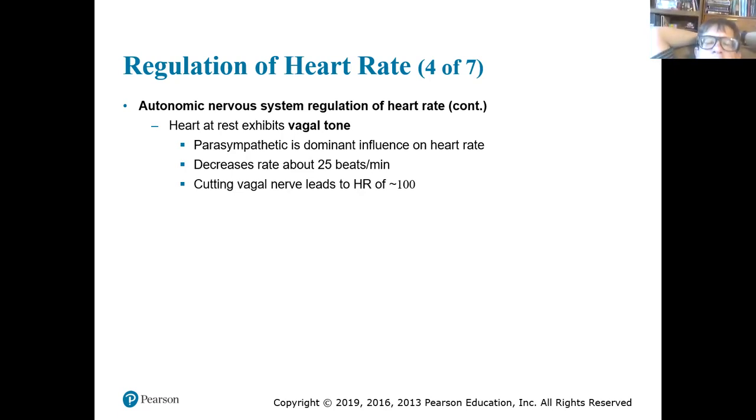The parasympathetic is the major influence on the heart rate. If you left the SA node alone to do what it wants, it would make the heart beat 100 times a minute. You already know your heartbeat is less than that. Thank the parasympathetic for slowing it down, for making your heart last longer.